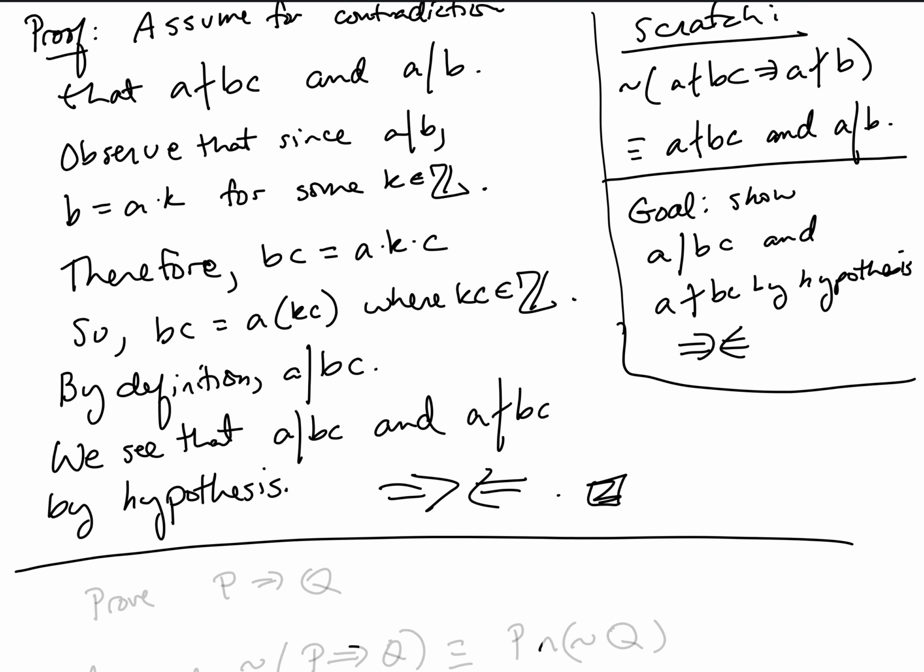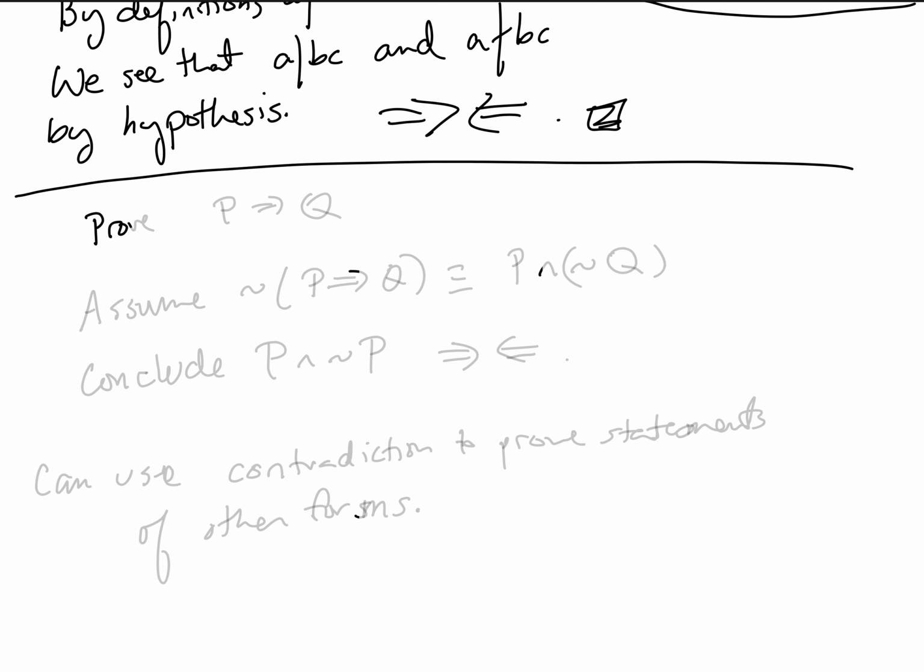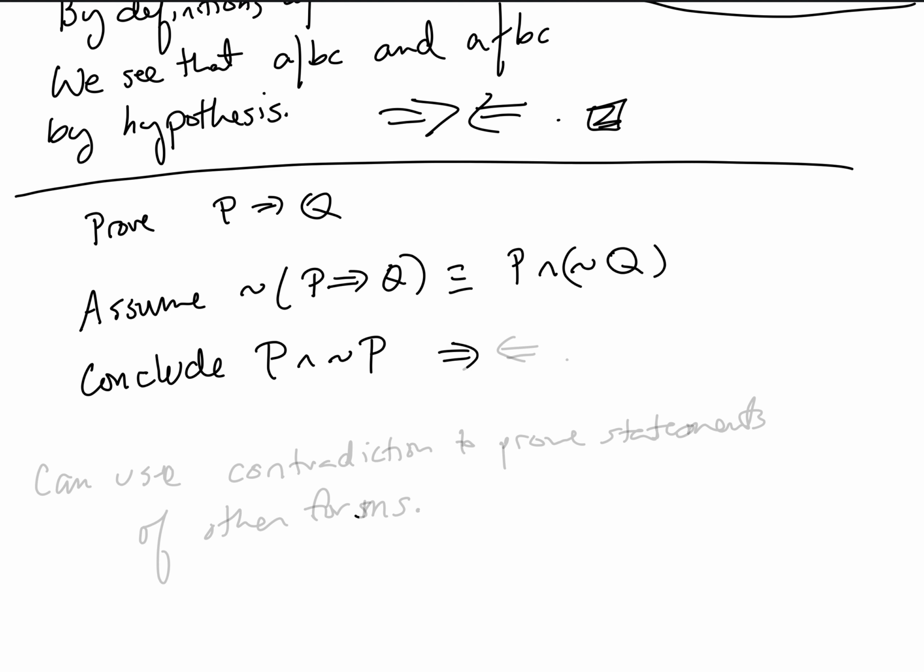So far, we've used contradiction to prove statements of the form P implies Q, and our general strategy has been to assume the negation of P implies Q, which is P and not Q, and then we were always able to conclude that P was true and not P was true, and this was a contradiction.